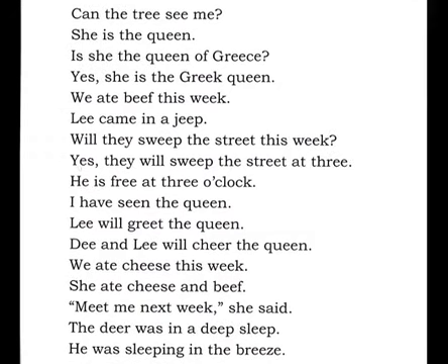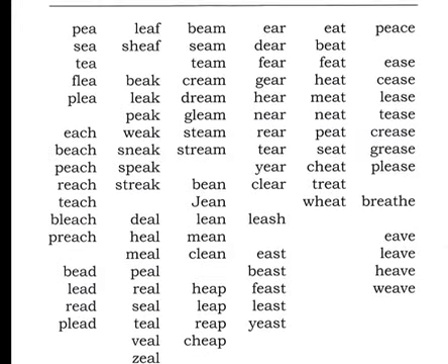And those are very common words, and so you won't have any problem learning them. Now in lesson 88, we have a whole page of sentences in which we use the double E words.